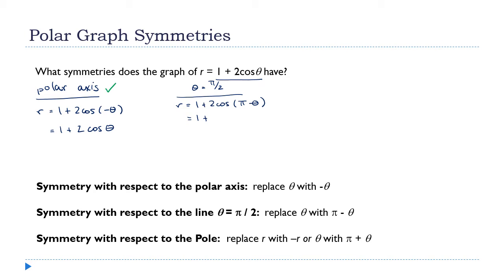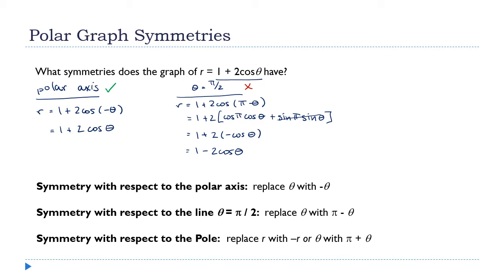This is 1 plus 2 times cosine pi cosine theta plus sine pi sine theta. Sine of pi is 0, so this part goes away. Cosine of pi is negative 1, so this is negative cosine theta, which makes this 1 minus 2 cosine theta, which is not the original. So this one is a no. The graph does not have that symmetry.